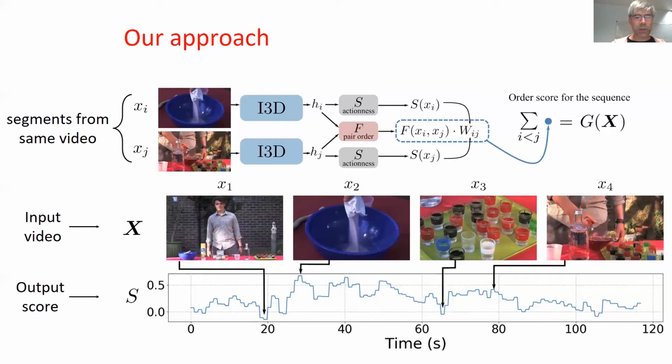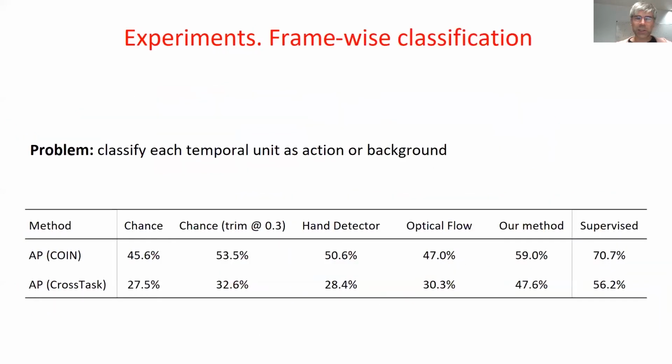At test time, what's important for us is the S function, which gives confidence, and importantly it gives confidence for each individual segment. It's not a function of a pair of segments as F is, it's a function of each individual segment.